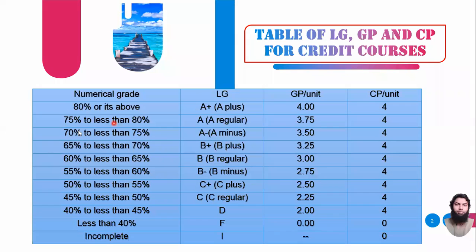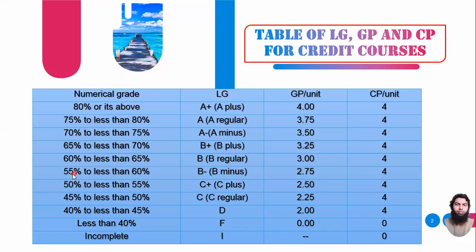If the mark is 70 to 74%, then the letter grade will be A minus and the grade point will be 3.50. 65 to 69% will provide B plus and the grade point will be 3.25. 60 to 64% marks will provide B regular corresponding to 3.00 grade point.